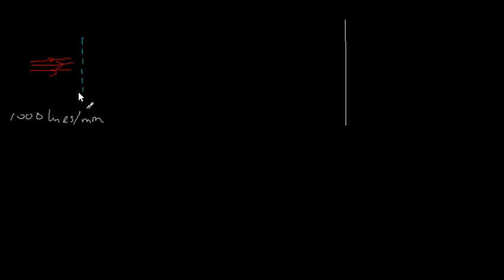Okay, so this red beam of light would spread out, and the light from each slit will interfere with one another and produce the fringes at the screen.